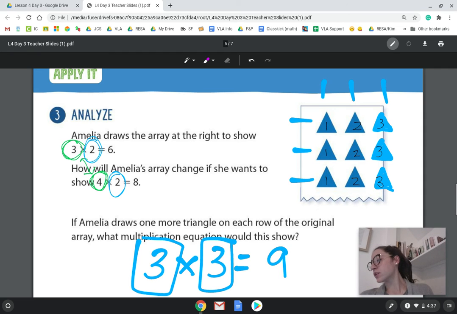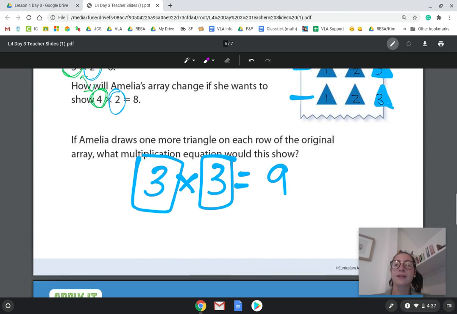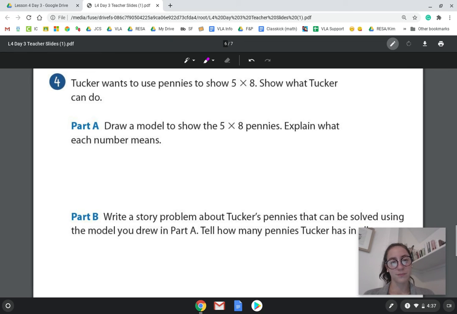I want us to go on to review page 102, and we've just got one problem that we're going to do together before you answer an exit ticket for today. This is our good friend Tucker. Tucker wants to use pennies to show 5 times 8. Show what Tucker can do. So your first part of this problem, you are going to draw a model to show the 5 times 8 pennies.